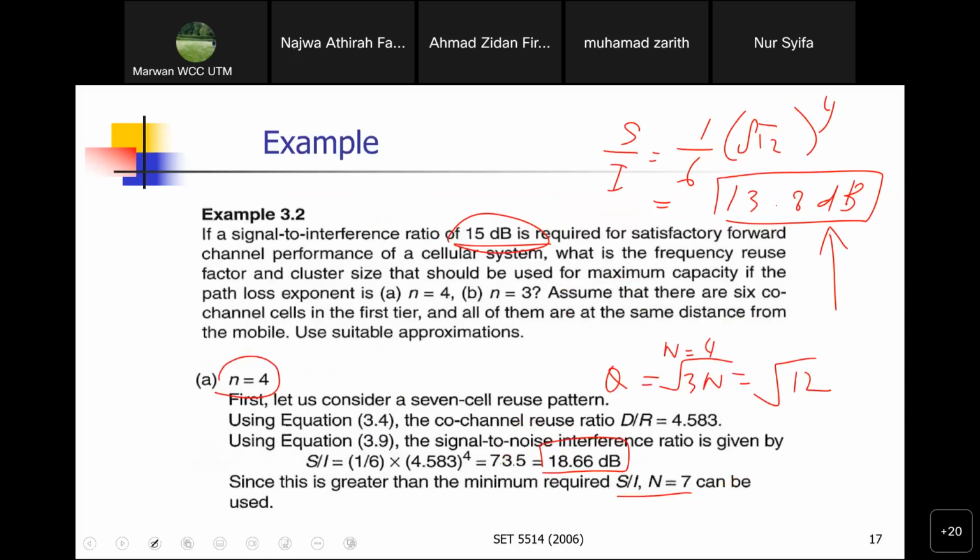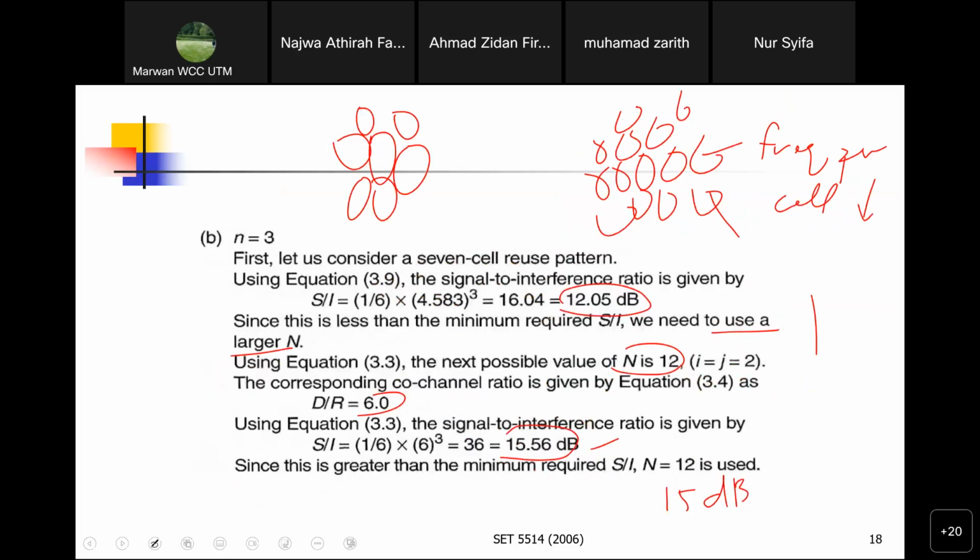So for this example, it shows that n equals 4 is going to help you when you deal with interference. The reason is that when your co-channel interferers want to disturb you, the signal is already attenuated severely because your n is big. So your power is going to suffer.